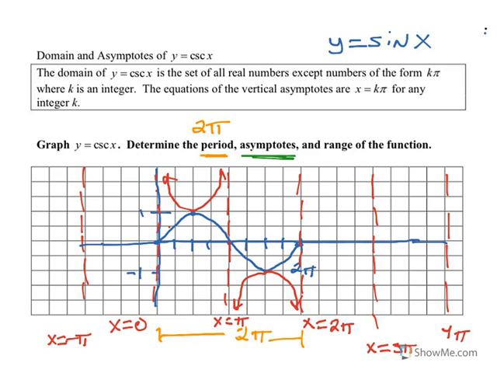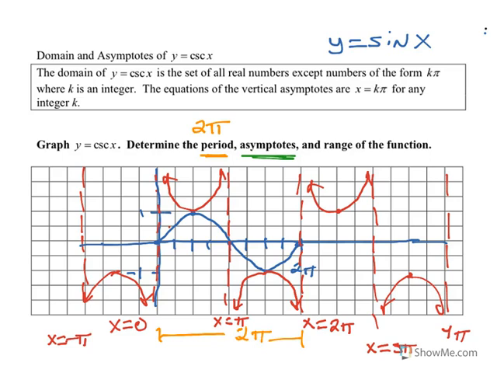So this one is going up, the first one's going up, then it's going down, the next one would be going up, and the next one would be going down, and then this one would be, this one's up, so this one would be down. So this function continues on forever, just like the sine and cosine waves do.